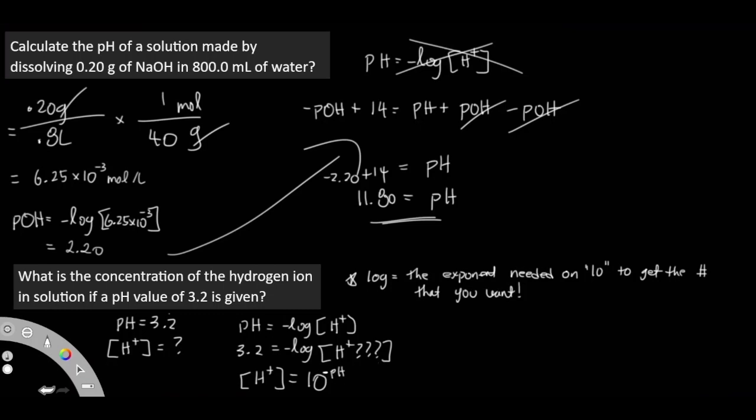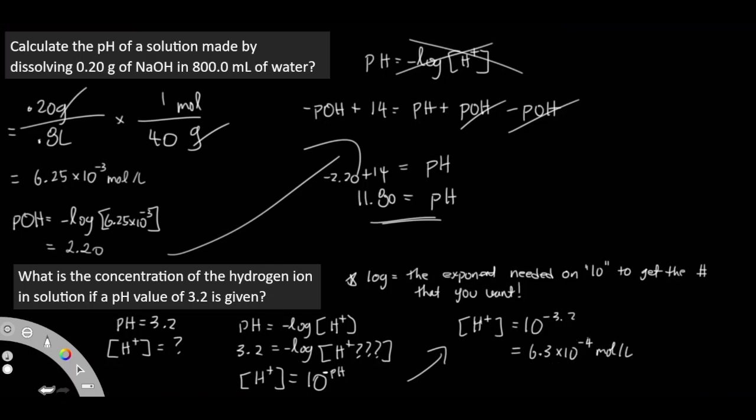So this here will be the negative 3.2. And then you end up getting your value of 6.3 times 10 to the negative 4. This here will be your answer.